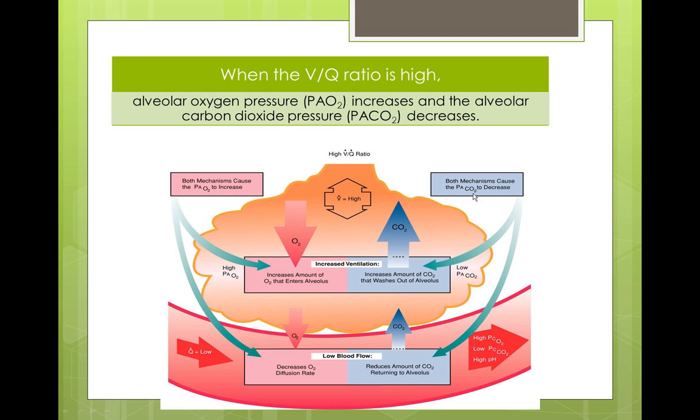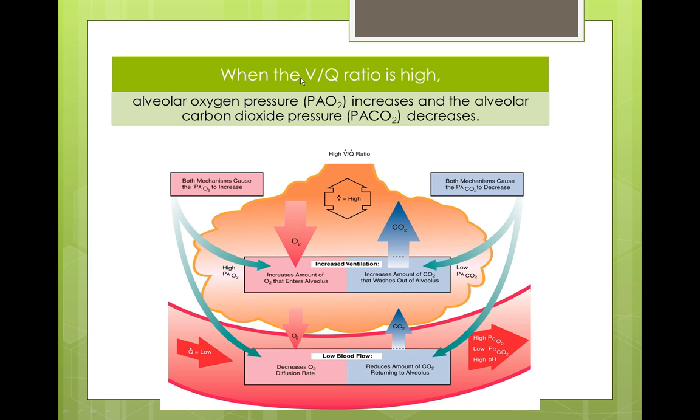So on this side, both mechanisms cause the arterial CO2 to decrease. One of the reasons is because as we breathe deeper and faster, or both, CO2 clears at a faster rate. And then, of course, if blood flow has decreased, that reduces the amount of CO2 returning to the alveoli. And of course, remember that there's an imbalance here for some reason.